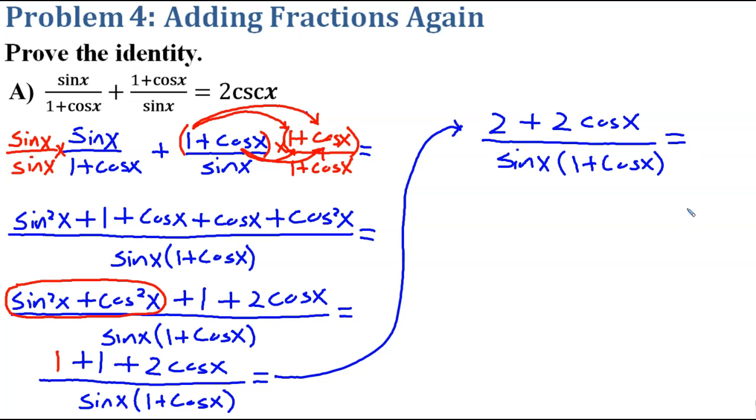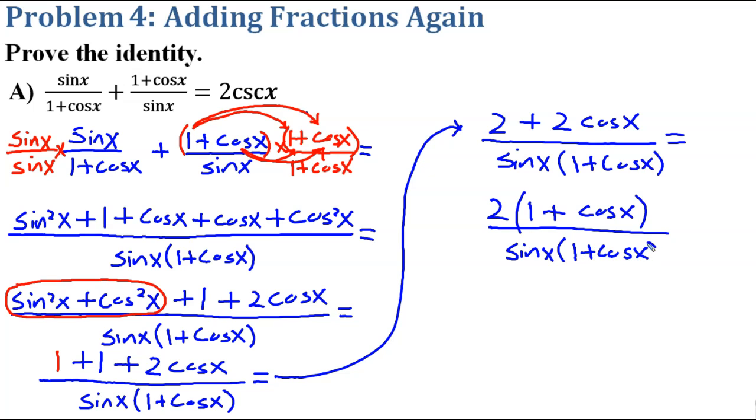We're getting there. Now the other trick with this one is recognizing I can factor my numerator. Since both terms here, the 2 and the 2 cosine x, have a 2 in them, I can factor that 2 out. I can go 2 times the quantity of 1 plus cosine x, all over the same sine x times 1 plus cosine x.